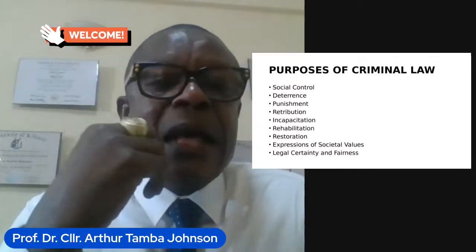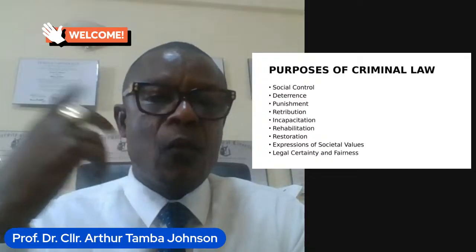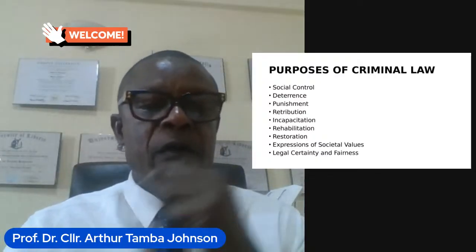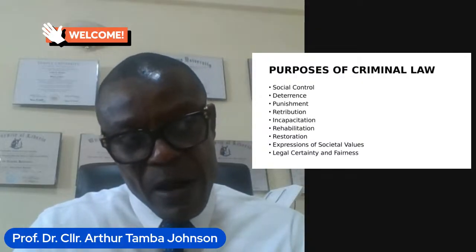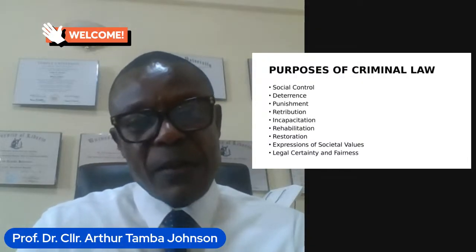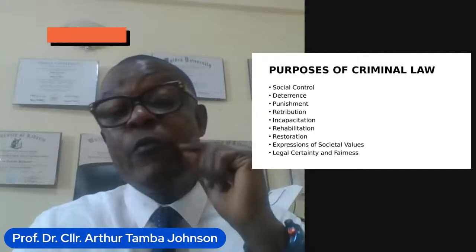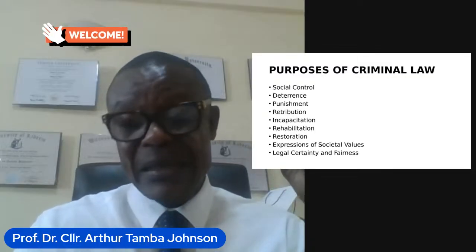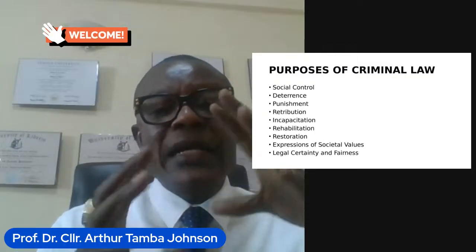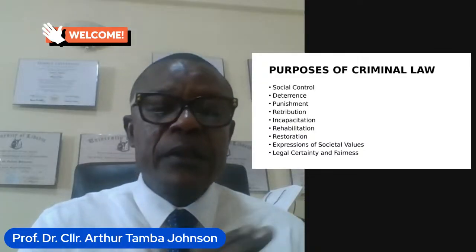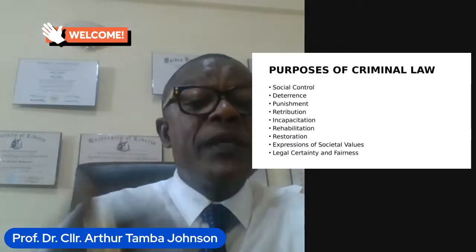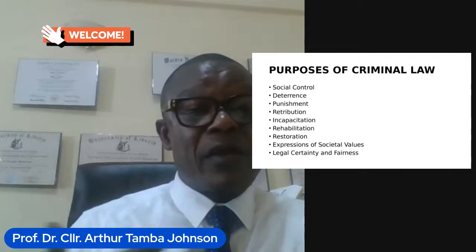When you make him an example while you are punishing him, for society to see that, watch out and see what is happening. This man is being punished today because he committed an offense. The reason society does that is because society wants to set an example so that the others who are watching should be discouraged in the future from committing such a crime.